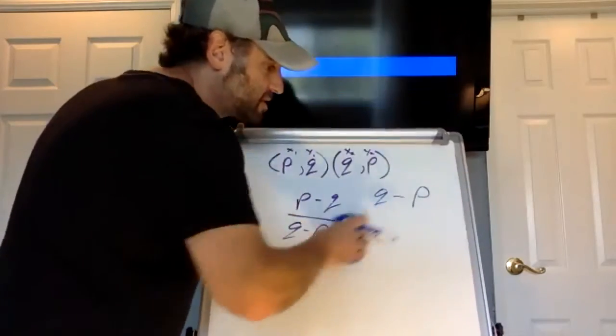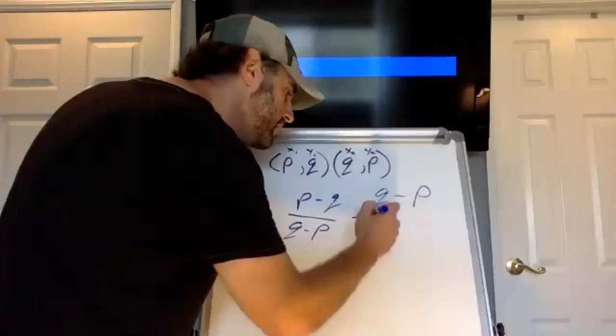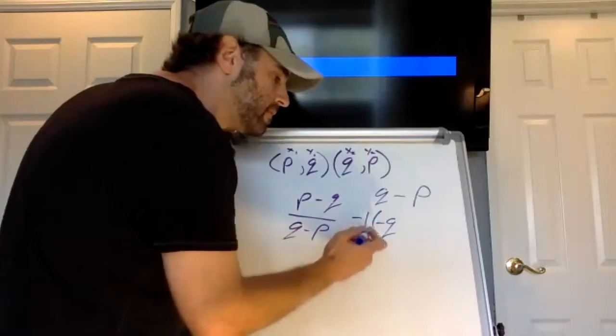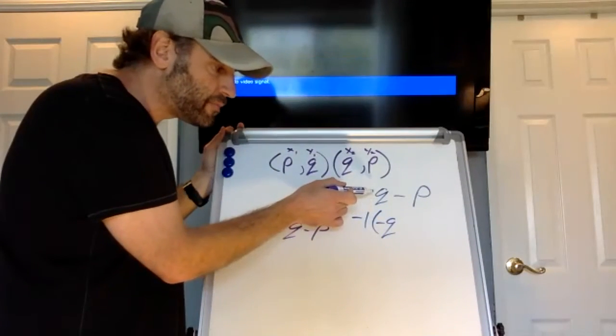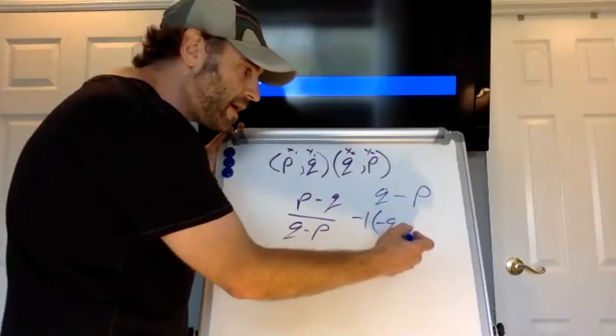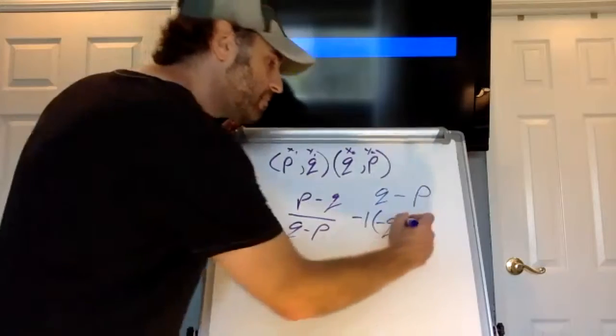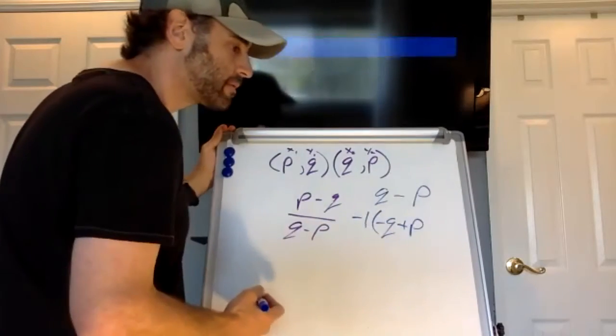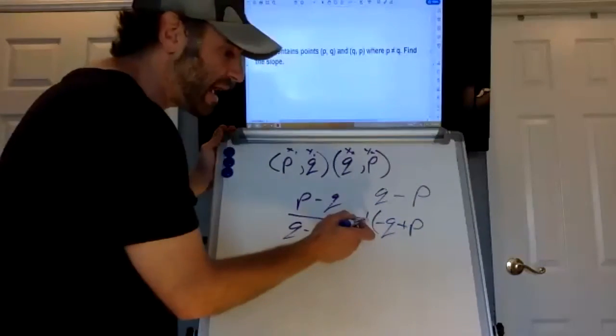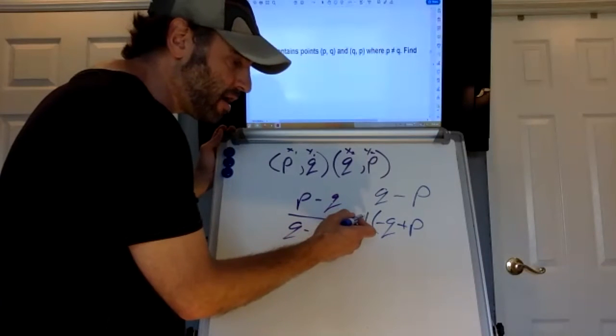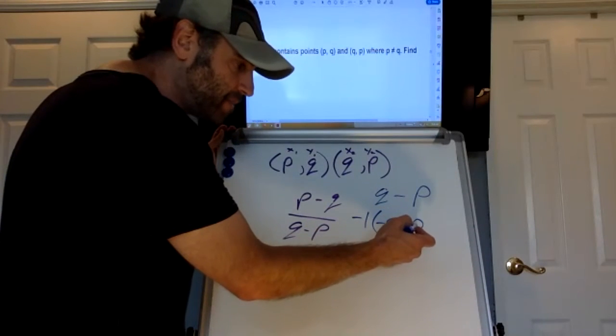Yes. Okay, let me bring this up here then. -1 times negative q will give me the positive q. -1 times what is going to give me negative p? Plus p, right? Yes or no? Yes. -1 times positive p is negative p.